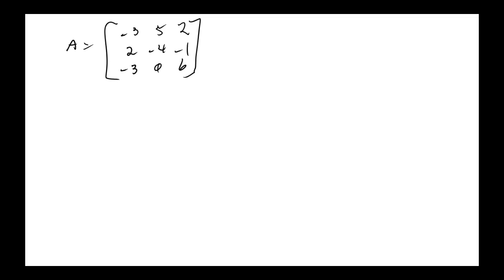The first thing that popped out at me was you could divide this row by -3, and that would give you a 1. Now, remember, it doesn't have to be upper left anymore, okay?